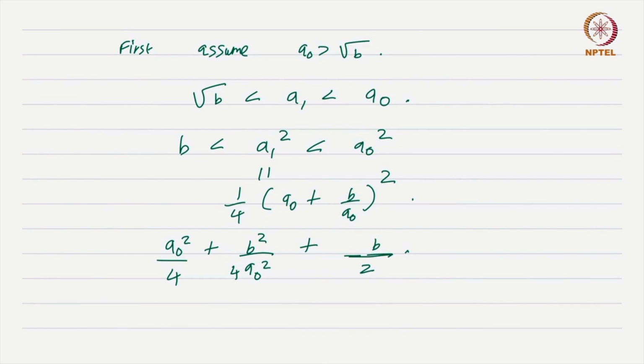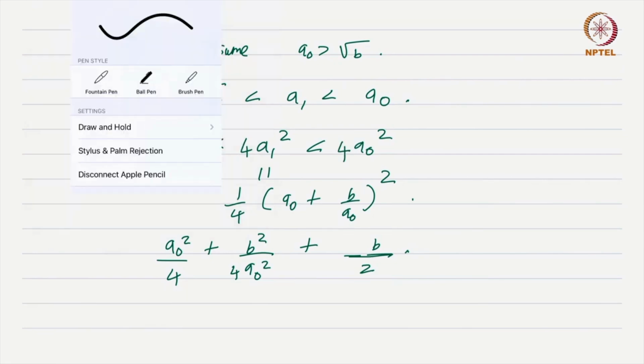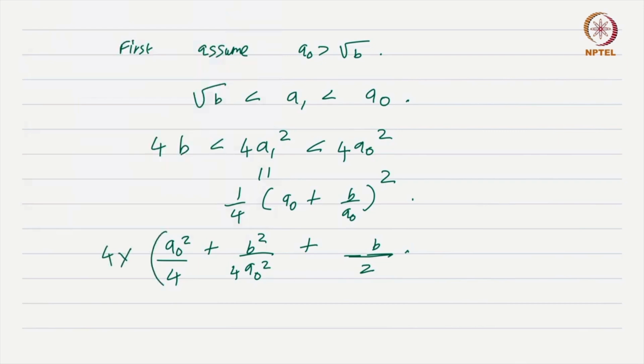Now what you do is multiply this entire inequality that we want to show by 4. Ultimately what you want to show is 4b is less than 4a1 squared is less than 4a0 squared. So let's take 4 times the middle term, which is nothing but a0 squared plus b squared by a0 squared plus 2b.